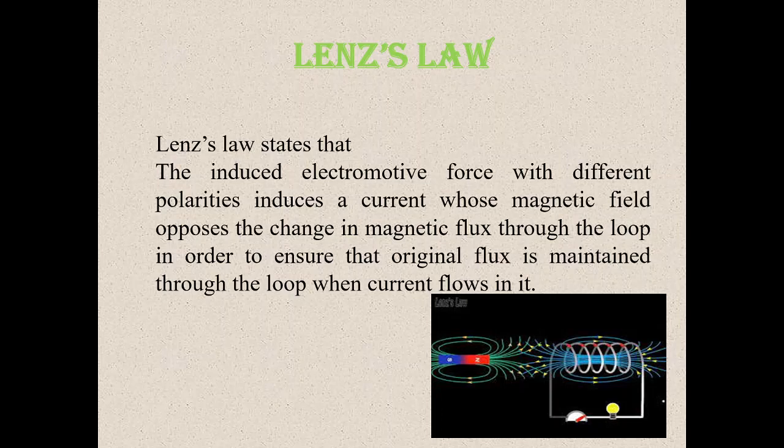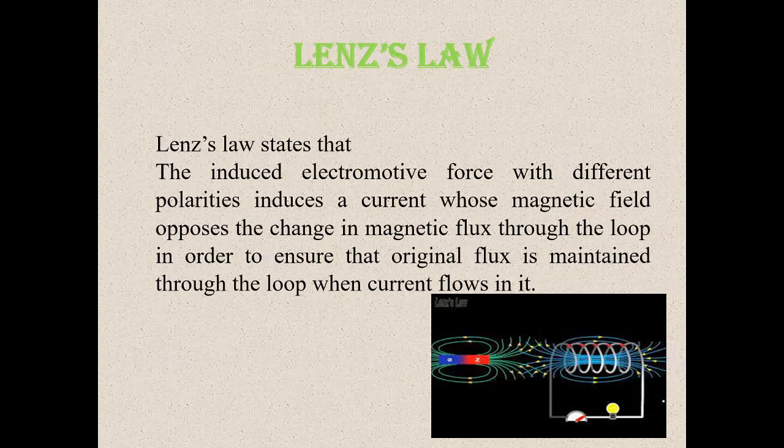Now we'll see what the statement says. The induced electromotive force with different polarities induces a current whose magnetic field opposes the change in magnetic flux through the loop, in order to ensure that the original flux is maintained through the loop when the current flows in it.